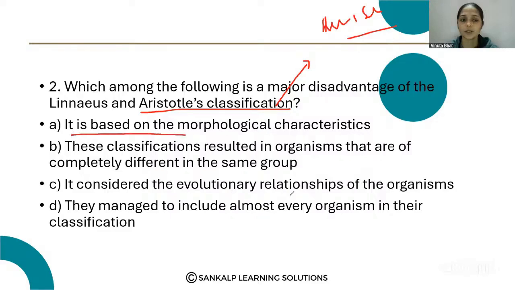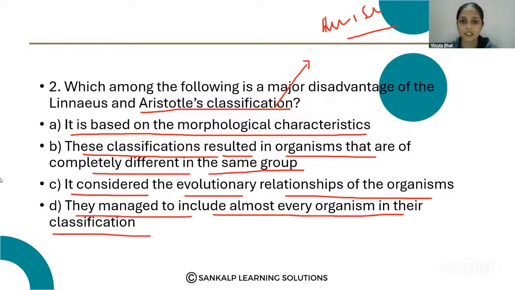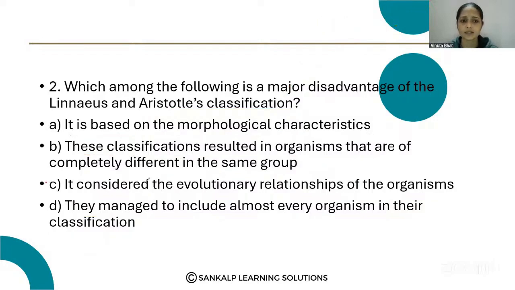It did not consider the evolutionary relationship of the organisms. What is the major disadvantage? It does not consider the evolutionary relationship, and this classification resulted in completely different organisms in the same group.